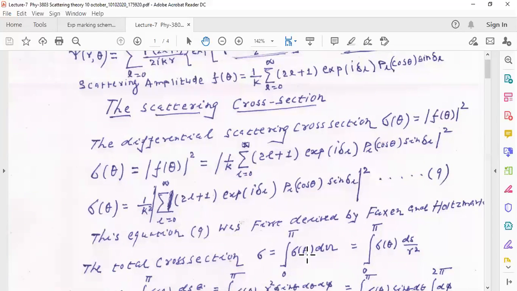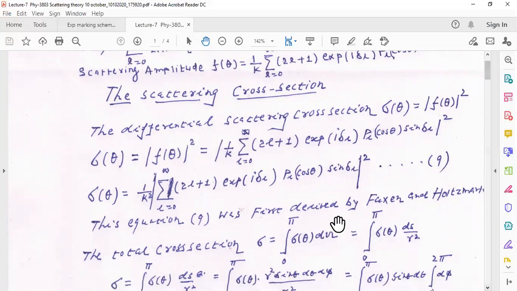You know that the scattering of a particle is described by these two parameters, angle theta and angle phi. So I write down sigma theta, and d omega is a solid angle which we can write as ds over r square. This is the formula which we have already used in many classes.